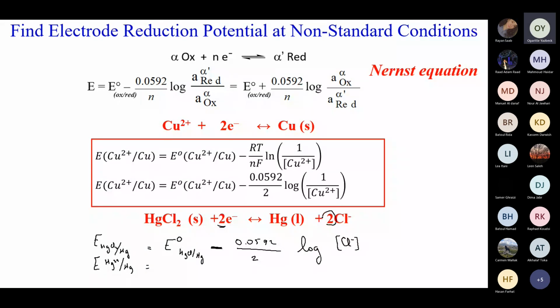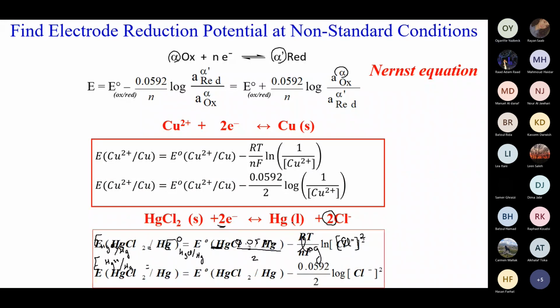Exactly. We must put the coefficient to it. So that's the squared. That's what they're talking about, the alpha here. Okay, these alphas, I mean that's the coefficient. So it's the concentration squared. What about liquids? What about liquids?